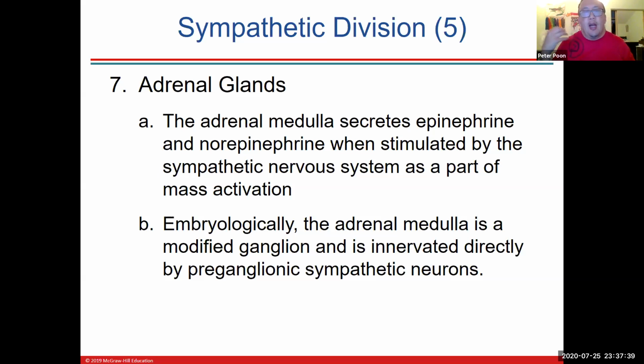Embryonically, the adrenal medulla is a modified ganglion innervated directly from preganglionic sympathetic neurons, meaning the adrenal glands are actually part of the nervous system. They're not really glands in the sense that they come from ectoderm. They're actually part of the nervous system.